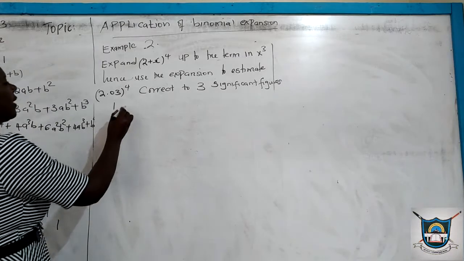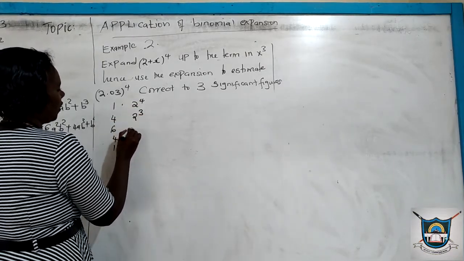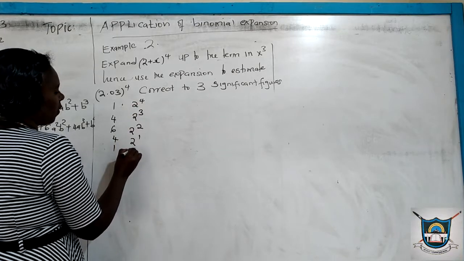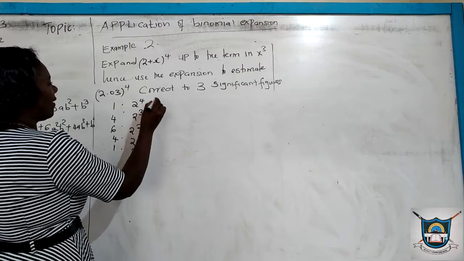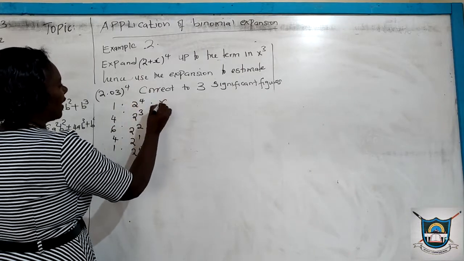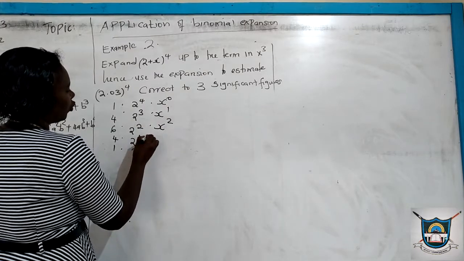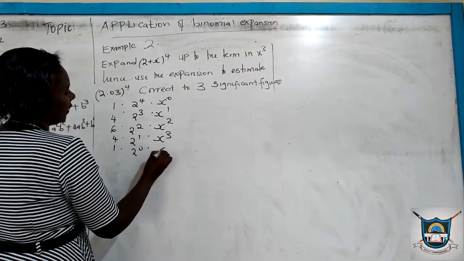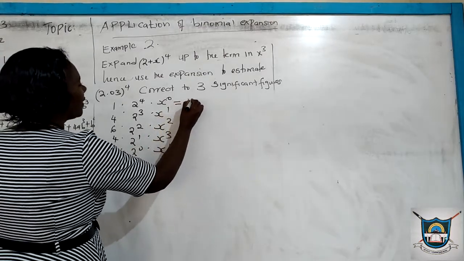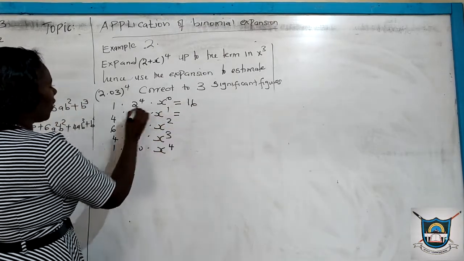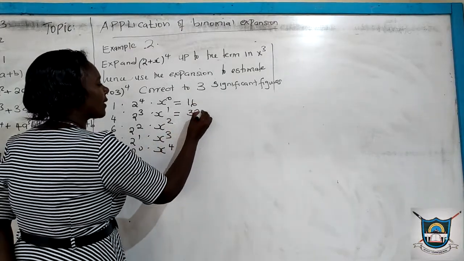From there we expand the first one: 2 to power 4, 2 to power 3, power 2, power 1, 2 to power 0. We also have the second term, which is x to power 0, x to power 1, x to power 2, x to power 3, x to power 4. If we multiply them, we have 16. We multiply 4 times 2 to power 3, which is 4 times 8. We have that 2x.